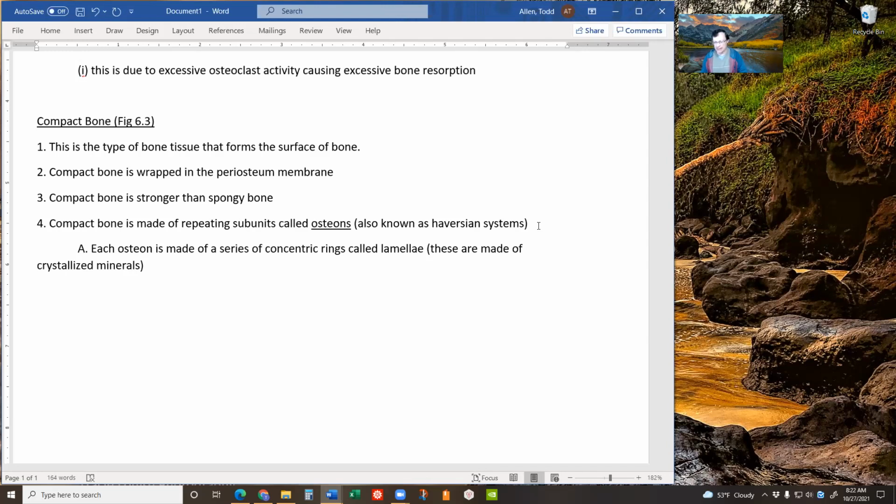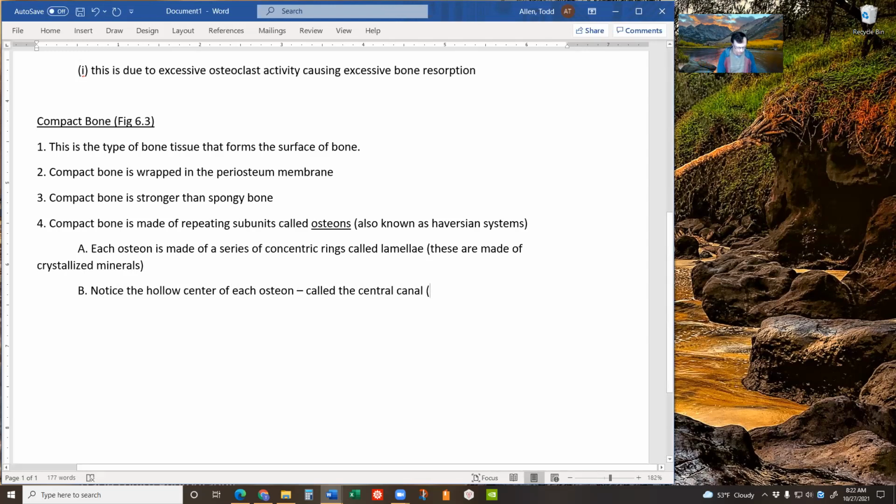That open space is the central canal. Notice the hollow center of each osteon, called the central canal, or Haversian canal, if you will.